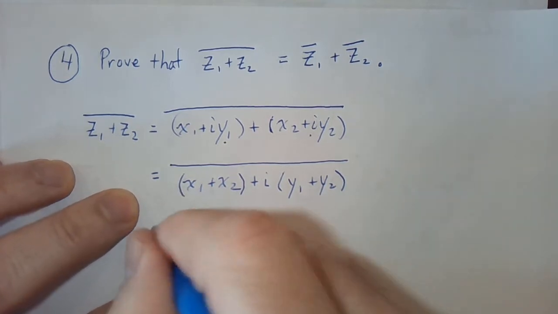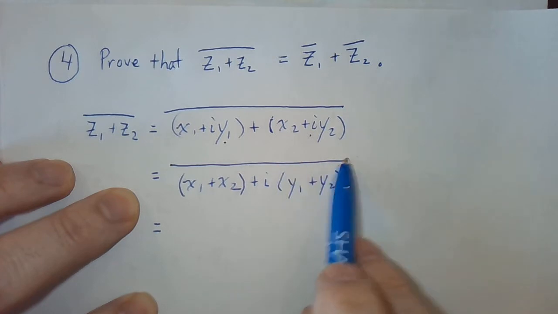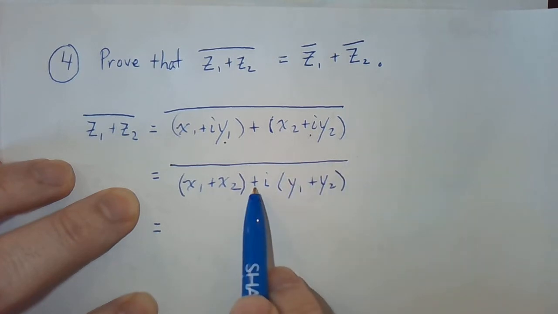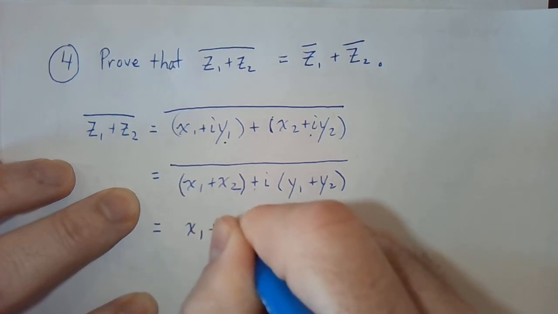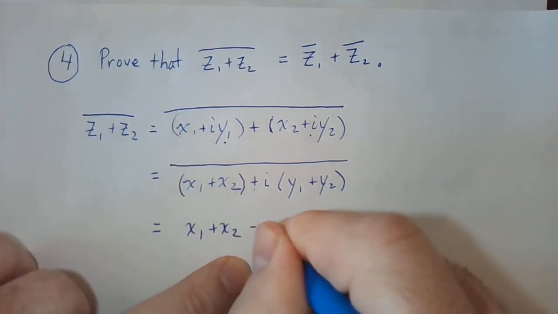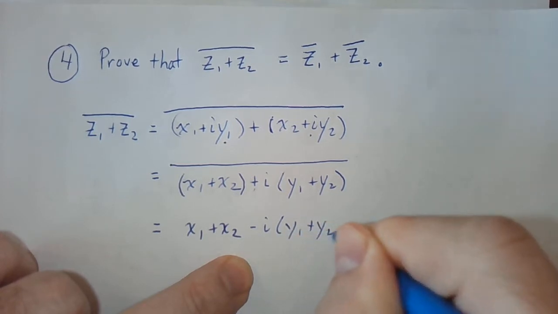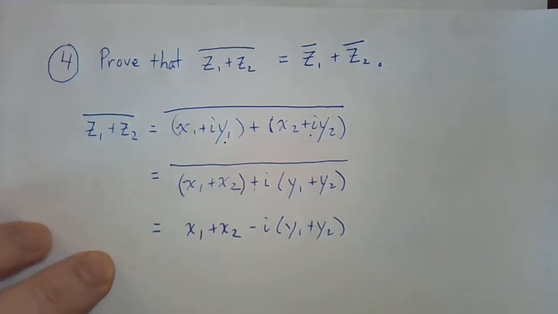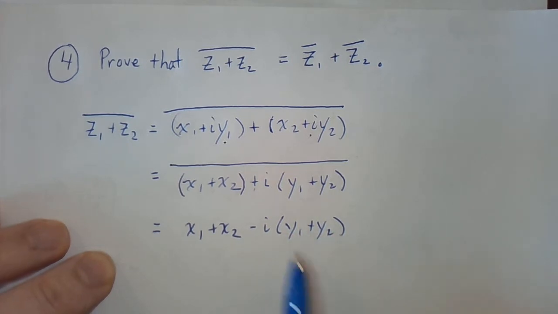Okay, so the complex conjugate of that is simply remove the complex conjugate bar and turn this into a minus sign. So we get x1 plus x2 minus i, y1 plus y2. And now I'm going to distribute the negative i through these parentheses.